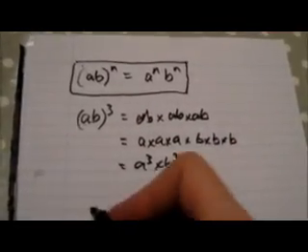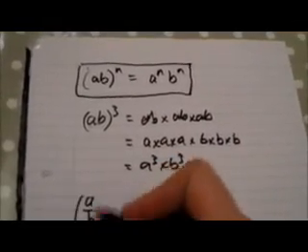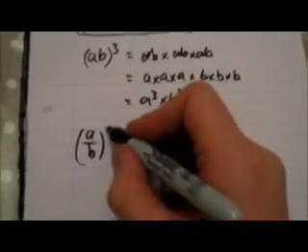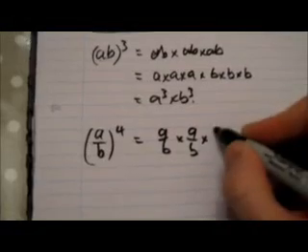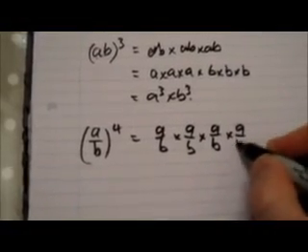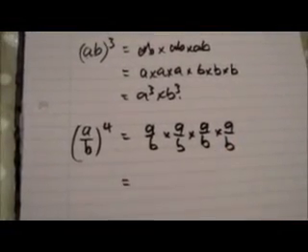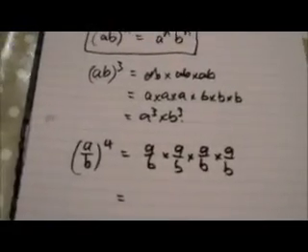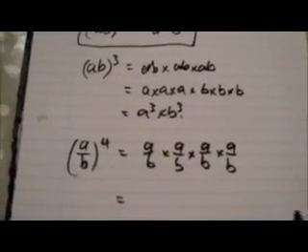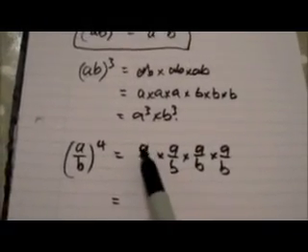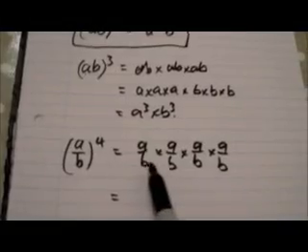Okay? And the exact same thing holds if you get a over b. So we'll take a different power this time. We'll say to the power of 4. That's a over b by a over b by a over b by a over b. Now, hopefully, we don't cross multiply ever, because that's not something that we do. When we're multiplying fractions, you multiply the top lines together, you multiply the bottom lines together.